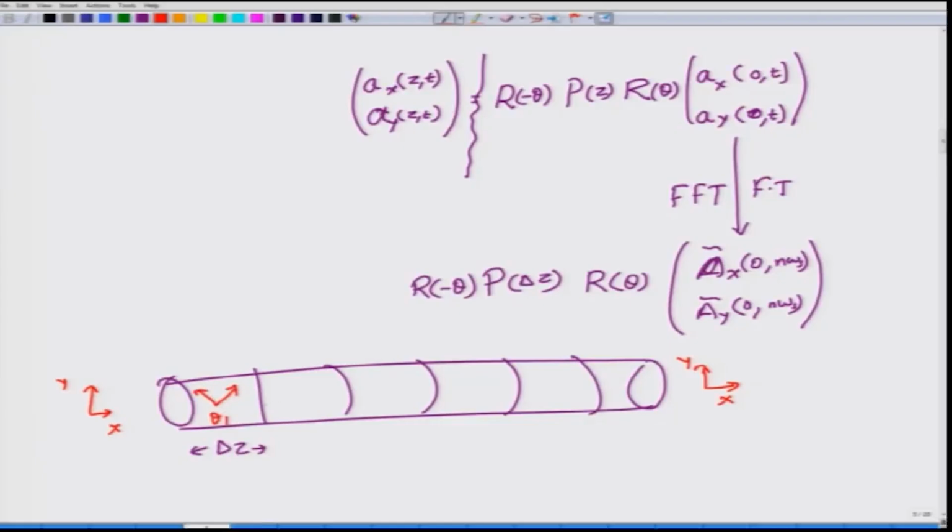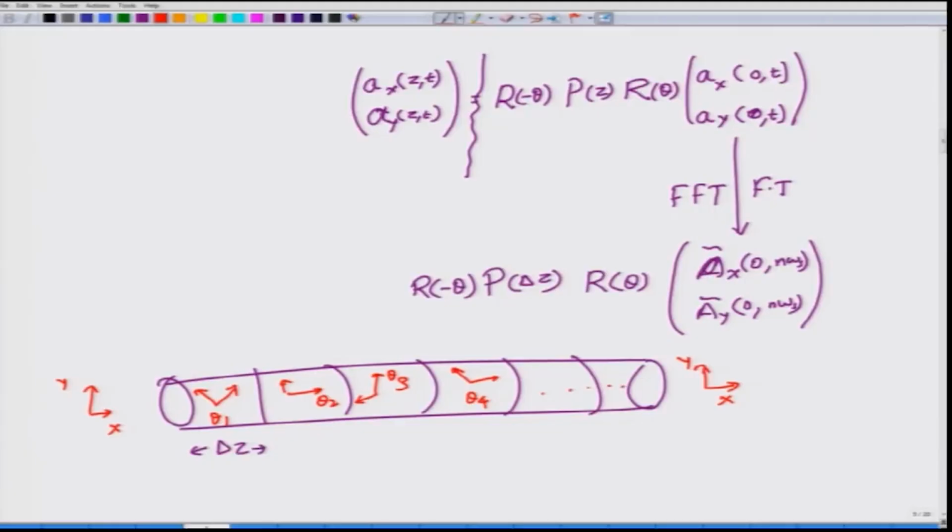So, let us say this is theta 1 and let us say this is theta 2, which is different. Okay. So, this is theta 2 and this is say theta 3, this is theta 4 and so on up to the last section.